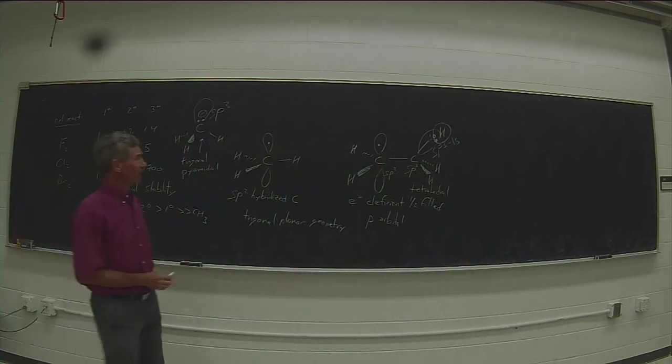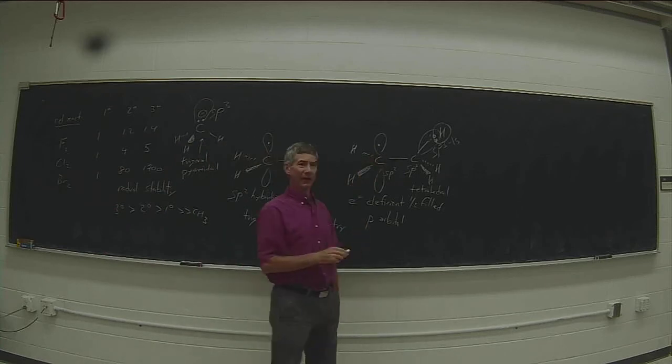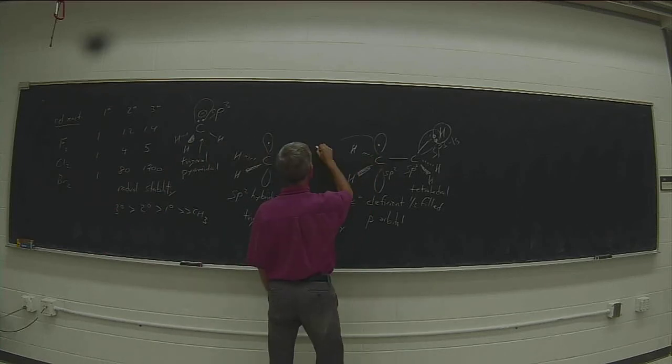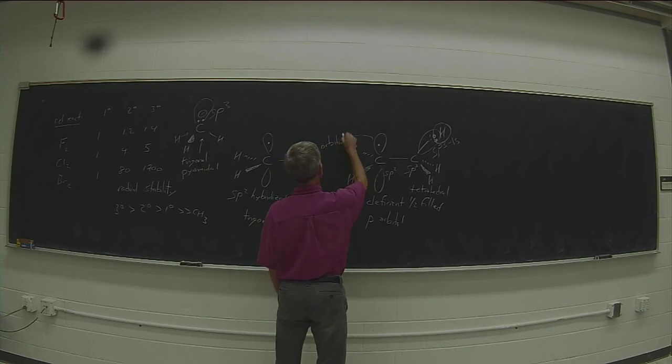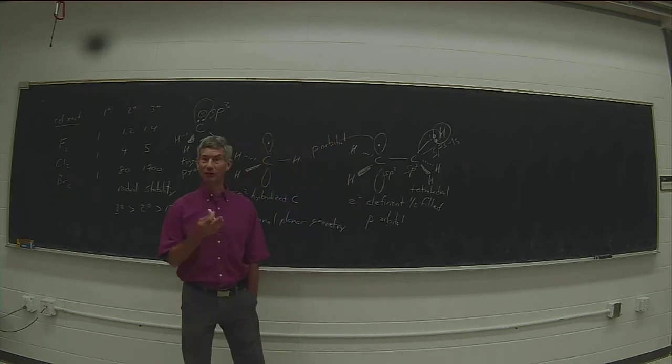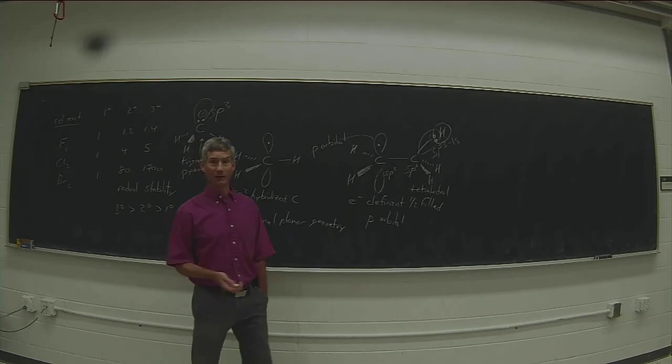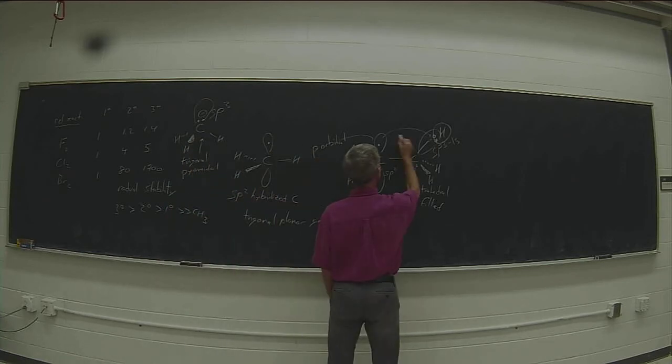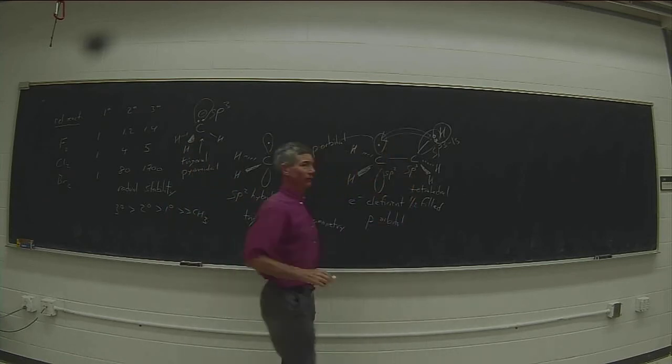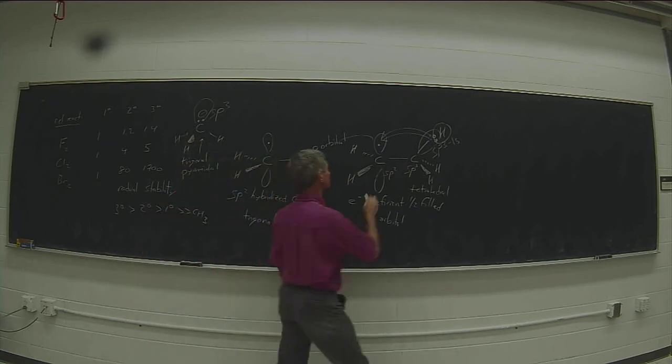Because that's in the same plane as the empty p orbital, or the half-filled p orbital, it has the same symmetry, which means that it can interact through a phenomenon called hyperconjugation.